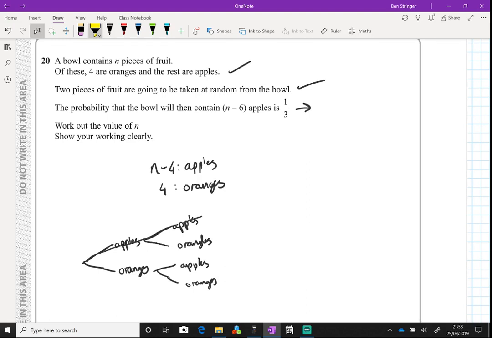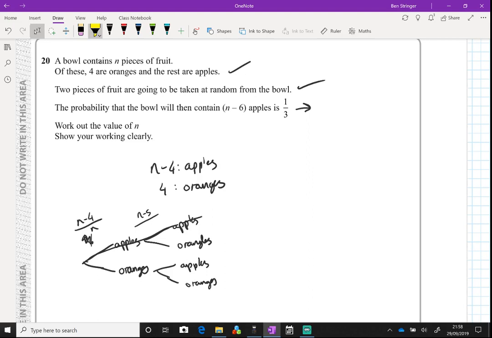So if we think about how many apples there are, it's n take away 4 over n because there's n pieces of fruit. If I then take another apple, it's now n take away 5 because there's 1 less, over, this is a total minus 1.